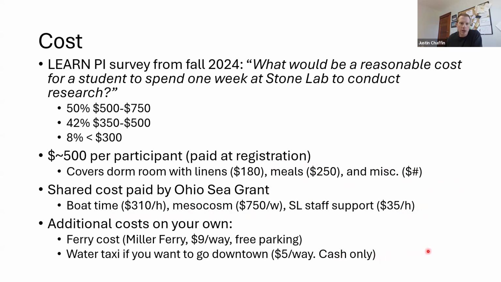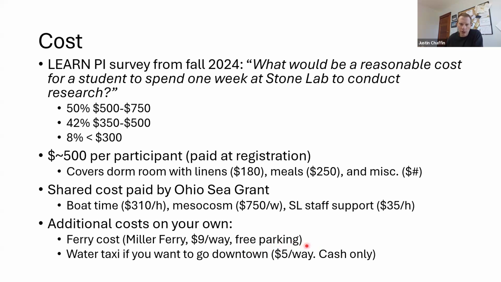For example, cost to get to the island via the Miller Ferry. The Miller Ferry is $9 per person per way. If you want to bring a vehicle, for example, if you're bringing instruments over, I think it's 23 or $25 per way. So you would have to pay that on your own.